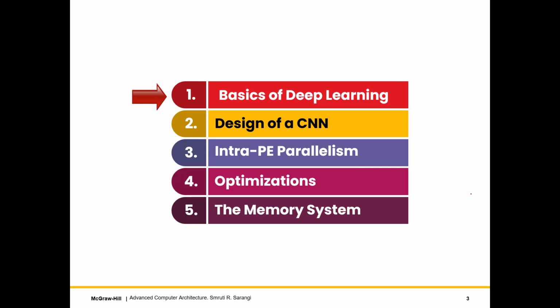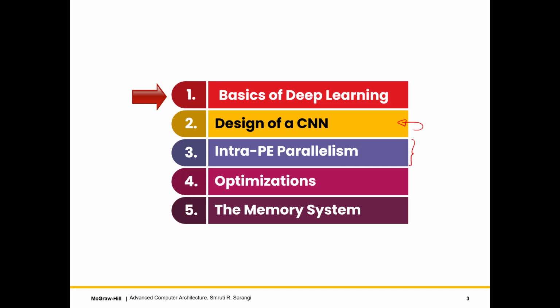We will talk about five different sub chapters, five different themes in this lecture. We'll start with the basics of deep learning. Then we'll talk of the design of a convolutional network. This is important.